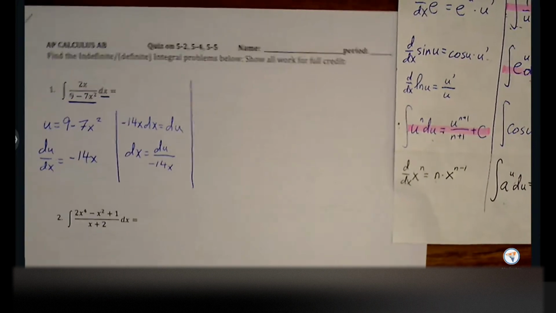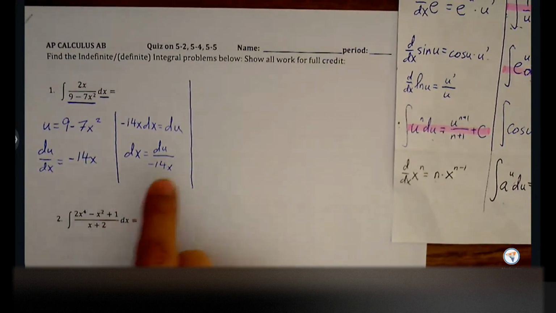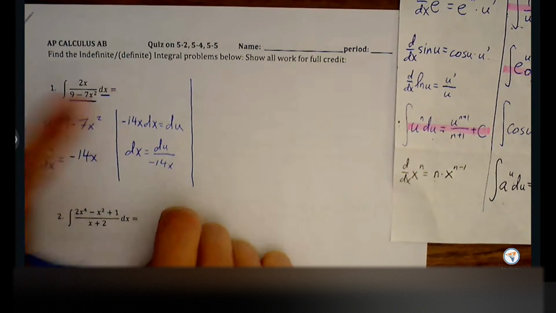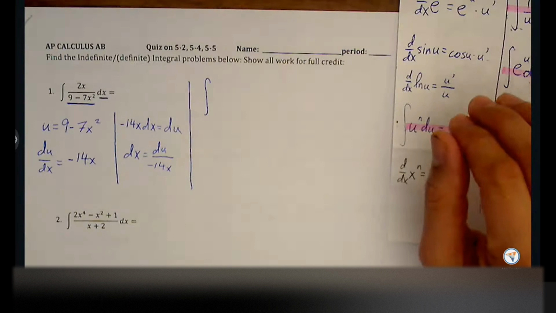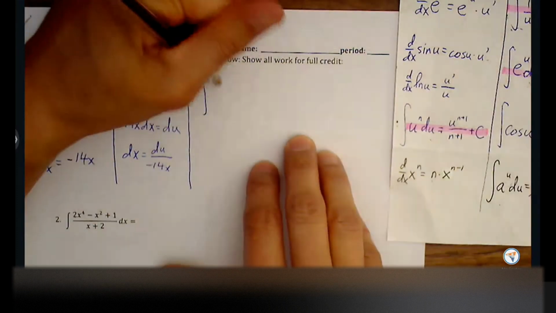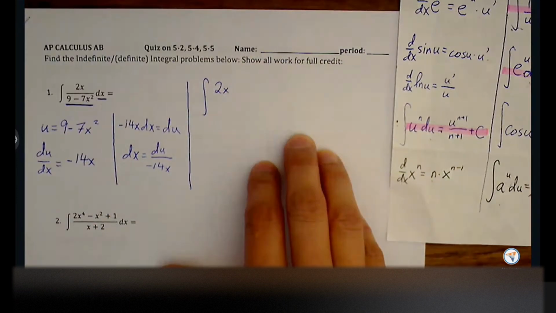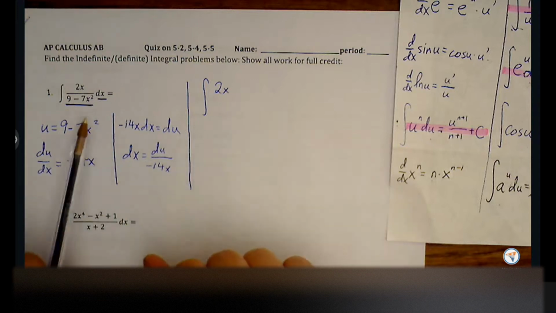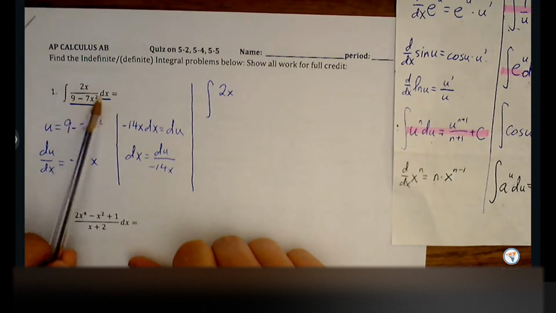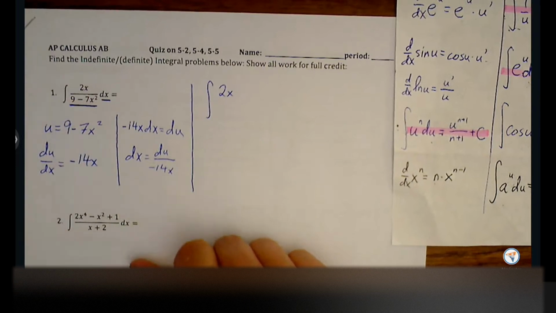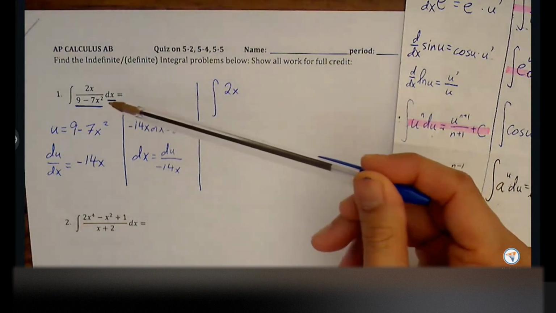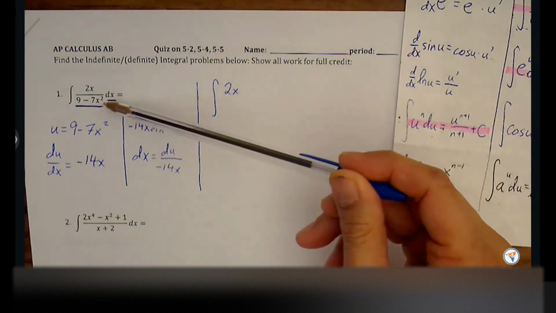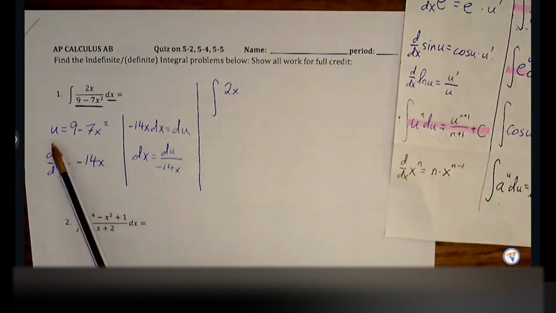All right, Emily, what would this look like after I put this all back, if I replace those things? Would it be 2x over 9 minus 7x squared, du over negative 14x? Okay, but we can also replace the 9 minus 7x squared with u, right?